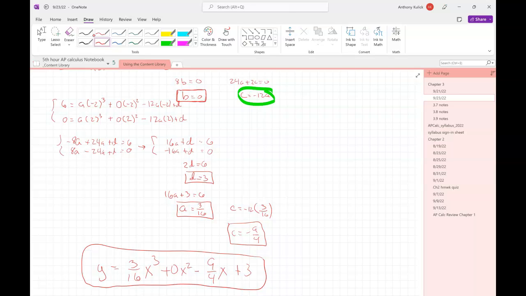So the algebra was rough there. The calculus part should have been relatively easy, right? We're just making the observation that if we're talking about a horizontal tangent, that's where the derivative is going to be equal to 0. So we just take our general function, differentiate it, and then plug in those values of x set equal to 0, and we start solving our system. The fact we had to go back and forth between the function and the derivative was kind of sneaky to figure out the a's, b's, and c's.